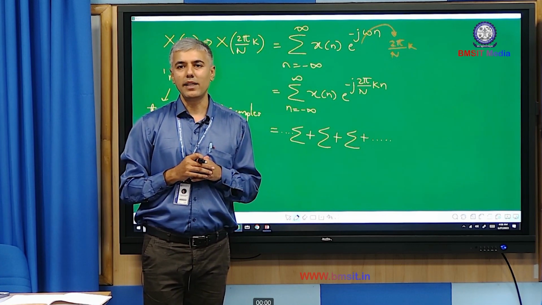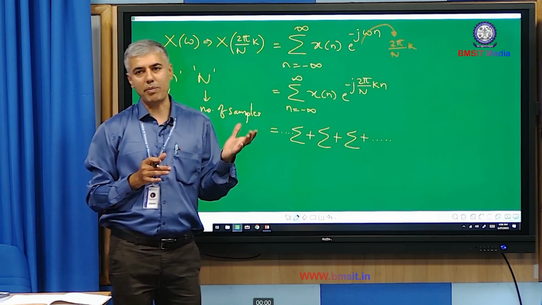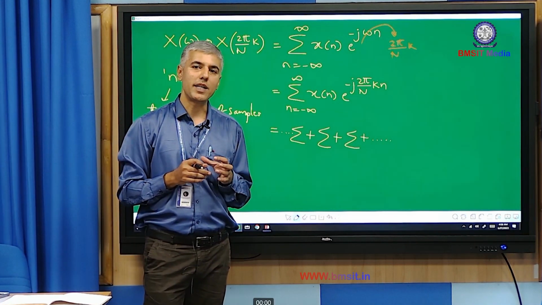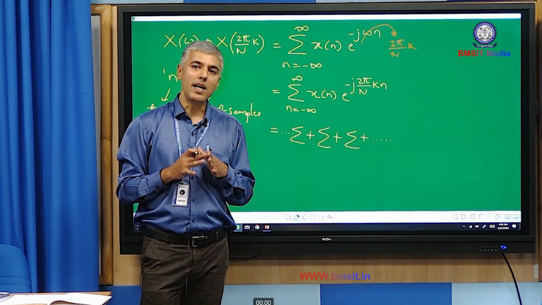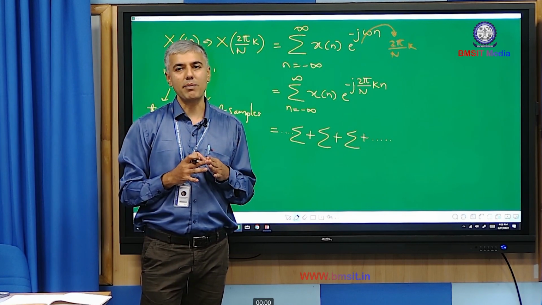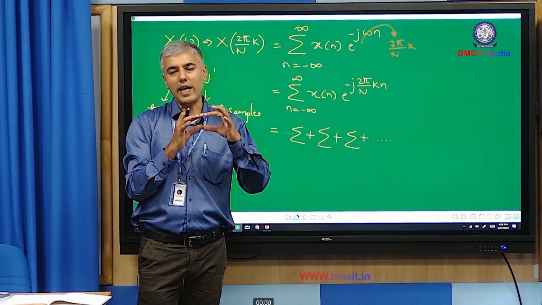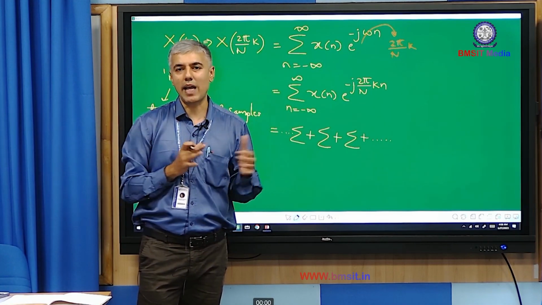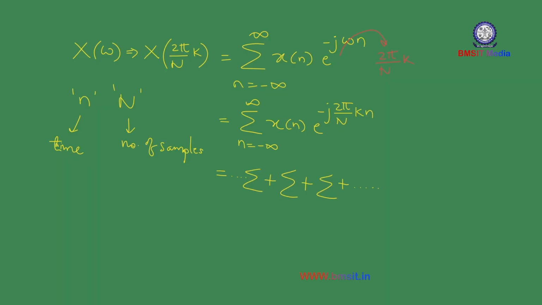I am looking at the previous summation, as shown here, having x of n e raised to minus j 2 pi by N kn. Is it possible to represent this summation as an infinite sum of finite sums?